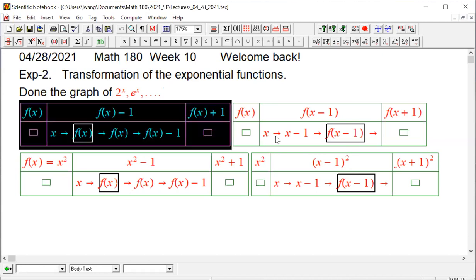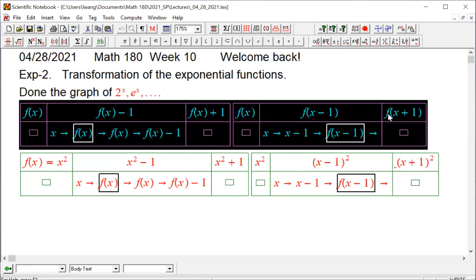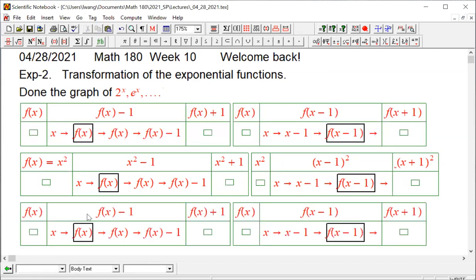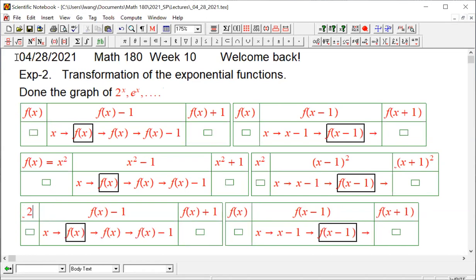Okay, so now it's a turn about, let's do 2 to the power x first. 2 to the power x often is easier. You will see they are similar in nature.